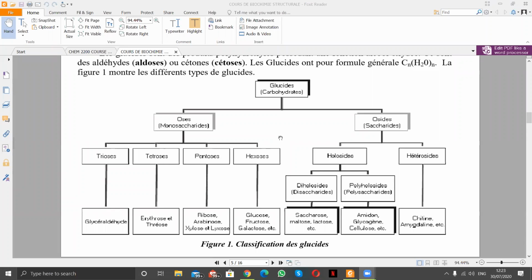It's more than one. So as they are classified, these are monosaccharides, these are poly, so to say. These are oligosaccharides, and in this there is also polysaccharide. We'll look at them one by one.